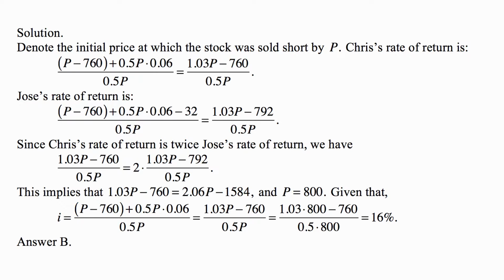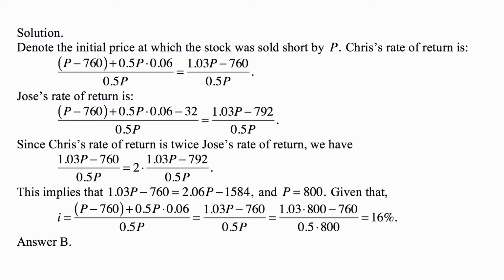Now, since Chris's rate of return is twice Jose's rate of return, we have (1.03P minus 760) over 0.5P equal to twice the quantity (1.03P minus 792) over 0.5P. And this implies that 1.03P minus 760 is equal to 2.06P minus 1584, and from this we calculate that P is 800.